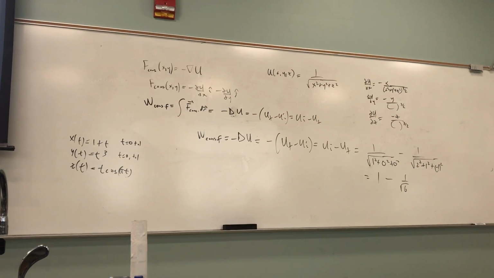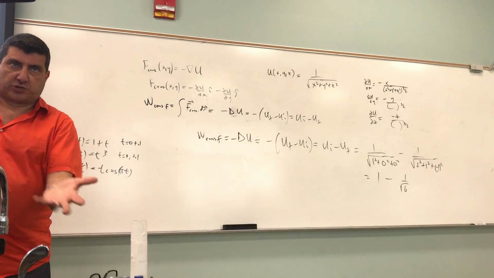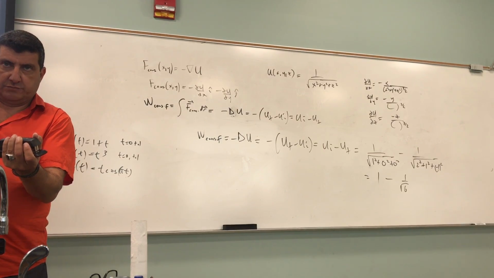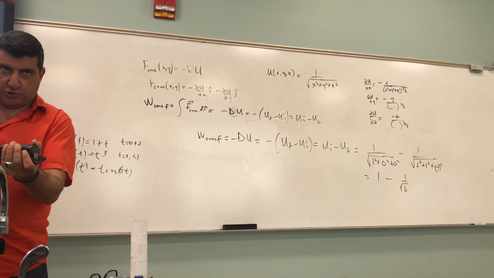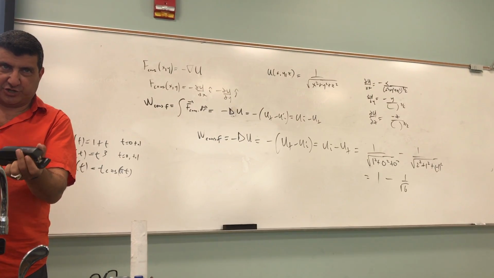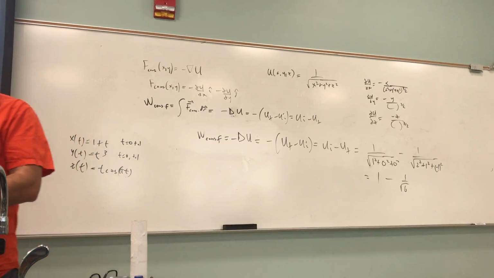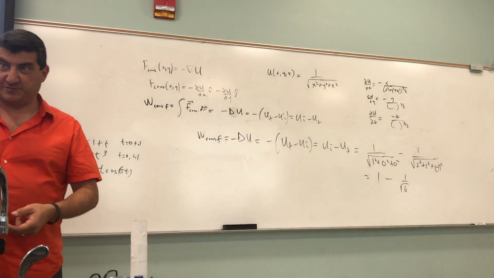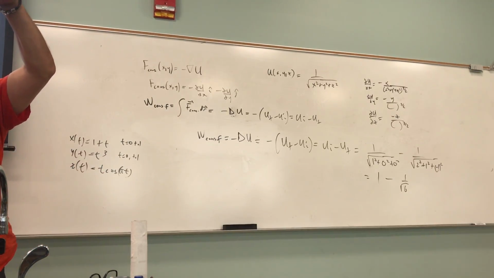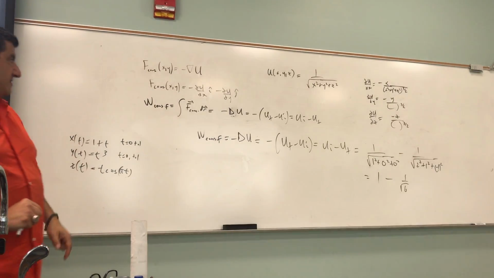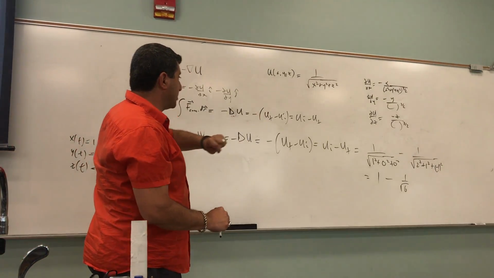No, it should be negative delta U. Right? If something drops, how much work does gravity do? Positive, right? Right. So is that equal to potential final minus potential initial, or potential initial minus potential final? It should be potential initial minus potential final. Potential initial is higher. So potential initial minus potential final.